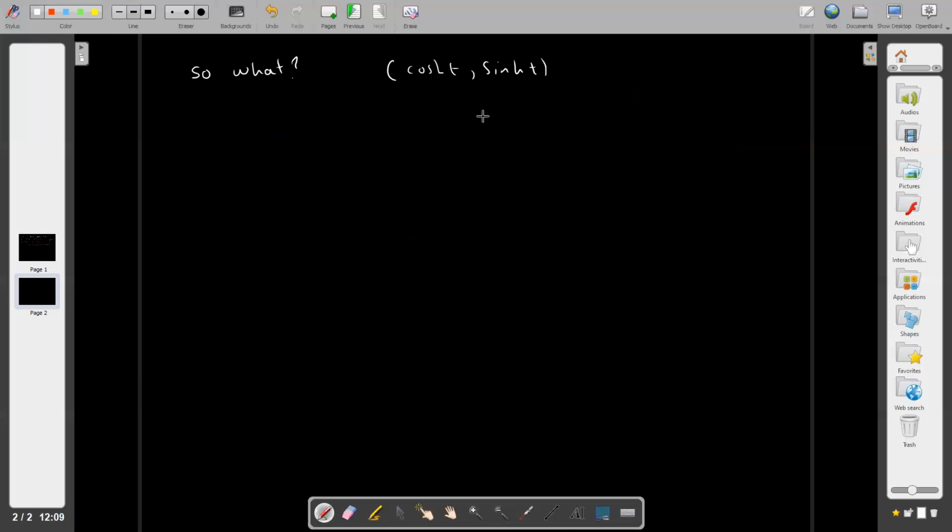We don't really know anything about hyperbolic cosine or hyperbolic sine, but perhaps we can put these functions in terms of functions that we already know.